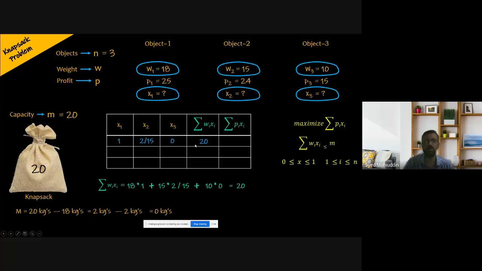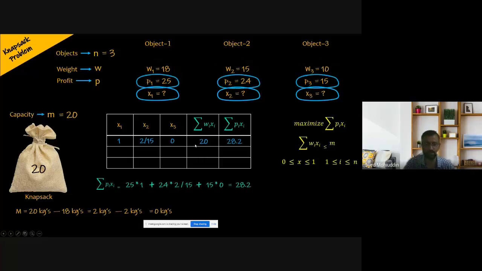Now let us try to compute its profit. Profit means we have to take P1, P2 and P3 with their fractions. Fractions we know: 1, 2 by 15 and 0. Profit is the summation of Pi and Xi. Now we are not bothered whether it is maximum or not. We are just computing the total profit earned.